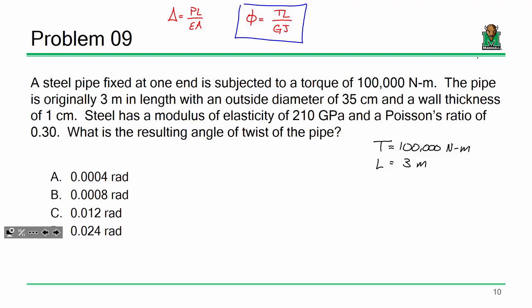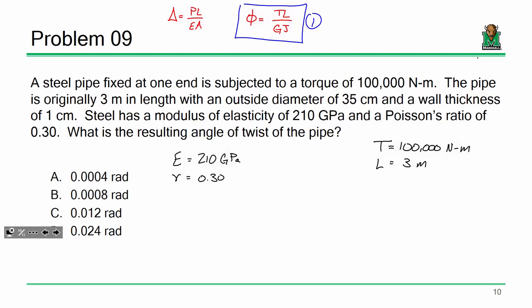Now how do we calculate that? I've got a few formulas I challenge you to find in the manual. That's one. Now for the shear modulus, E is 210 gigapascals. I'm not going to convert that right now. And nu, our Poisson's ratio, is 0.3.